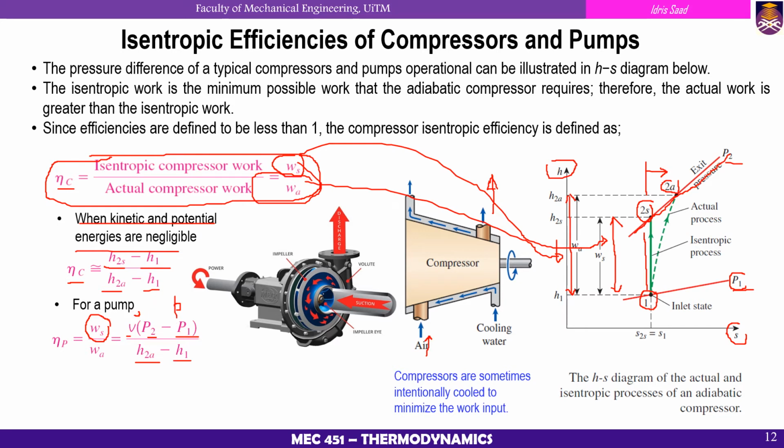Please remember this equation: V multiplied by P2 minus P1 is equal to H2S minus H1. I have explained it in chapter 3, so please recall the derivation of the pump in chapter 3 to understand how this formula is obtained.